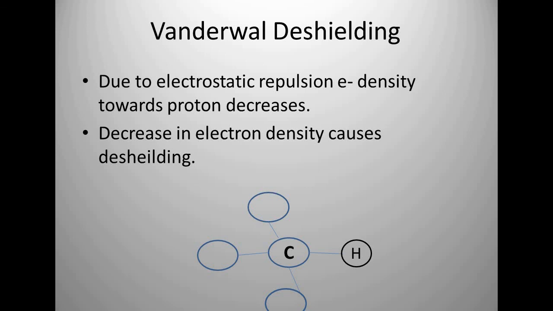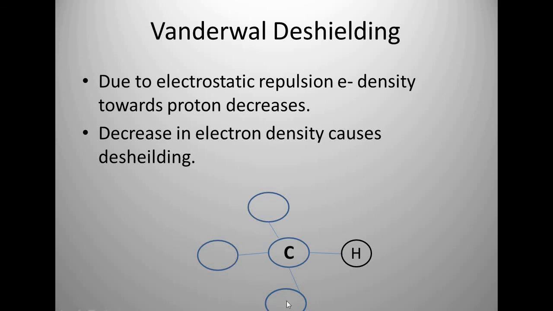Next is the van der Waals de-shielding. Due to electrostatic repulsion, electron density towards the proton decreases. Consider the van der Waals effect: this is a carbon and this is a hydrogen, and your carbon is attached to three other bulkier groups, 1, 2 and 3, which show electrostatic repulsion between them.